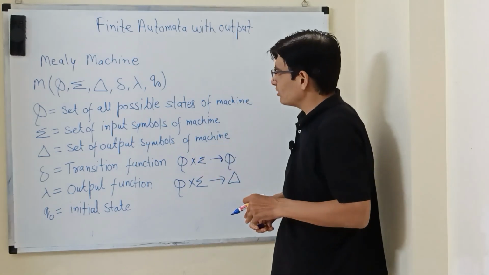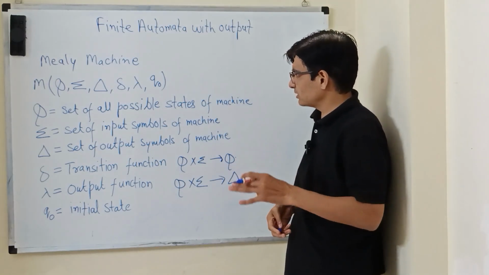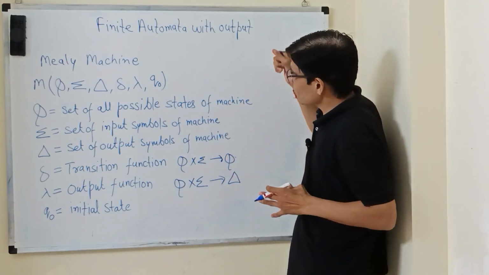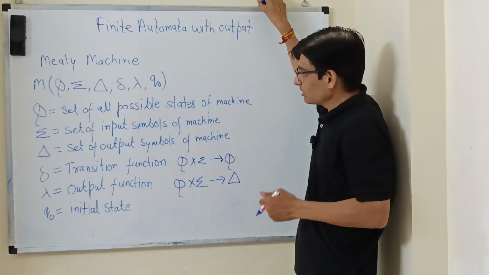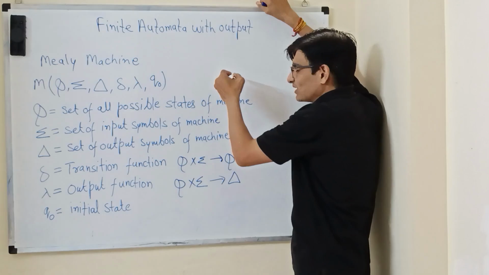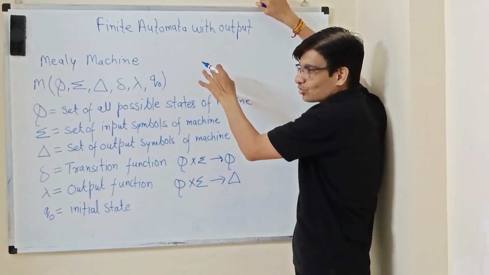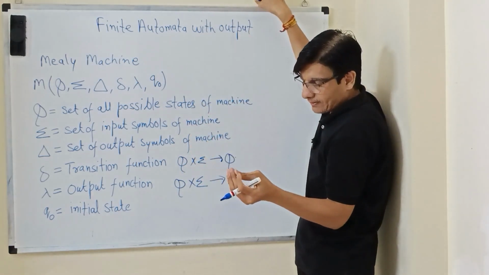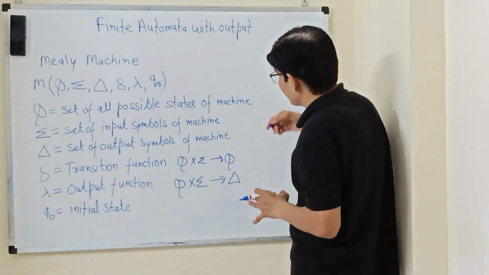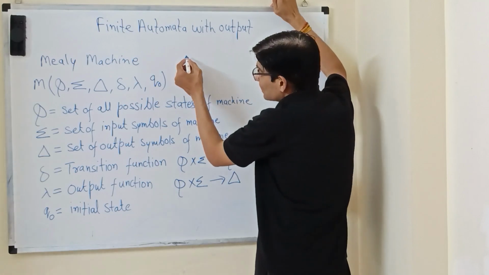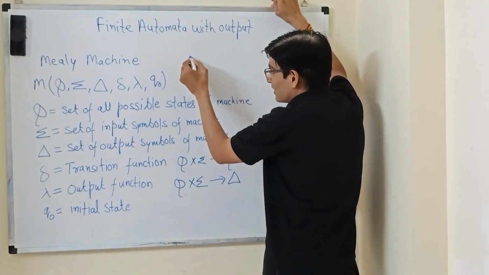One more thing I would like to tell you: in Moore machine, how did we represent the output symbol? As it was associated with each state, we just wrote one output symbol with the state. Now here in Mealy machine, the output symbol is associated with each transition.